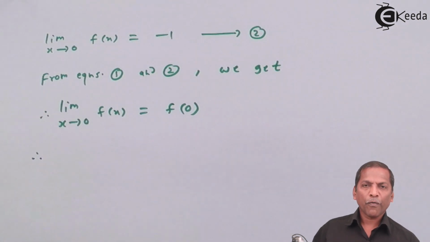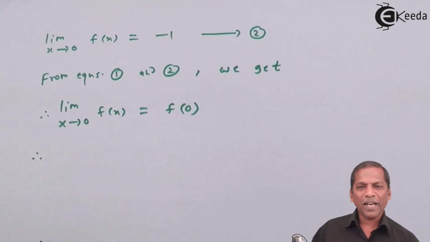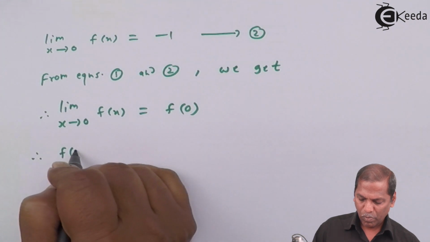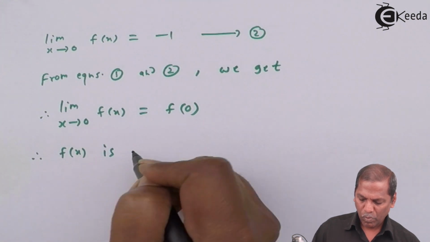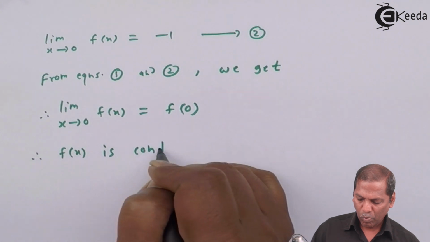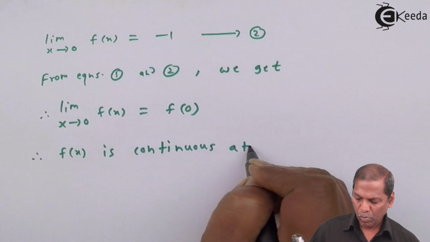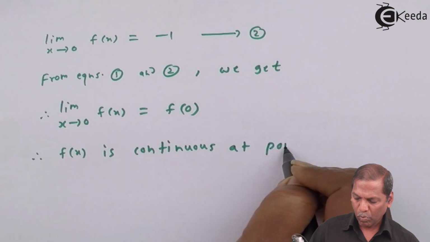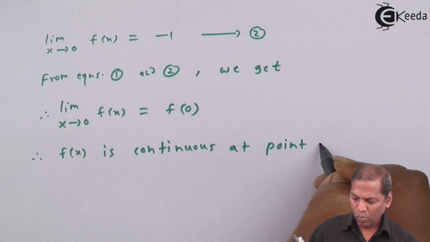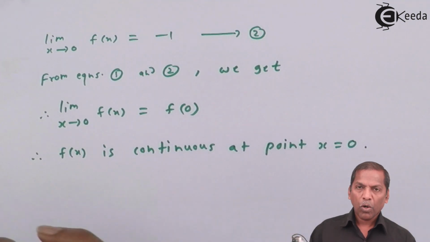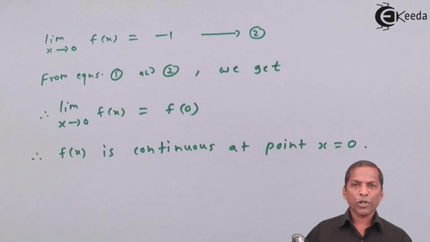And therefore the function f of x is continuous at the point x equal to 0. So this is the required solution for the given problem. Thank you.